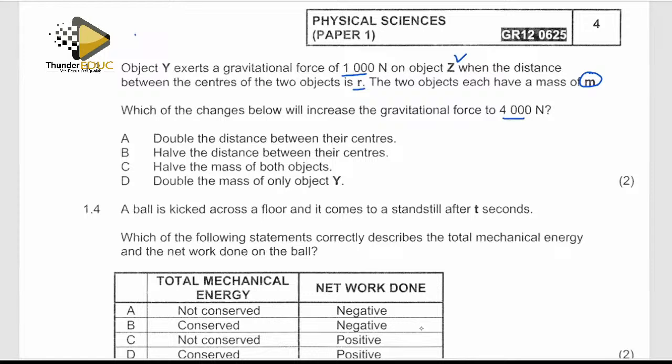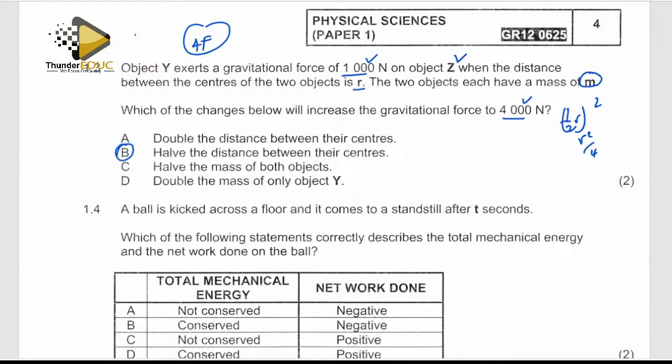Initially the force was 1,000, and now we're going to have 4,000, which means we're focusing on 4F. So for us to increase the force, the distance needs to be halved. Which means it will be like r²/4 to give us 4. So half the distance between the centers, which is option B.